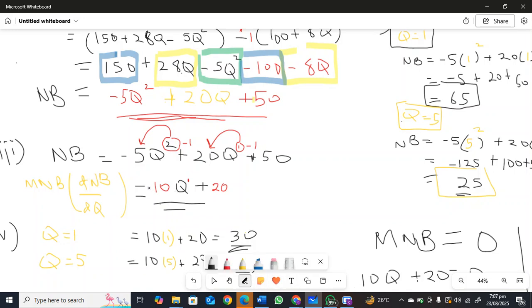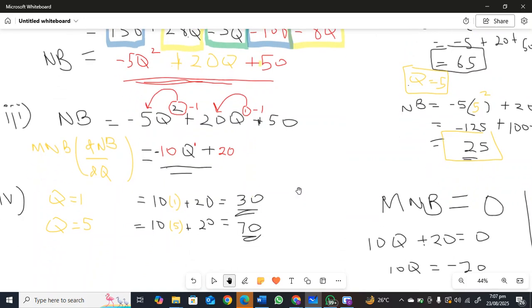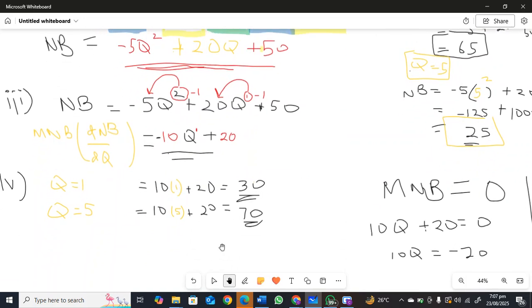So here, remember this is -5Q squared. So 2 times -5, that's -10. Okay, so I forgot to put a negative sign here. So even this part here, we had to use negative signs.